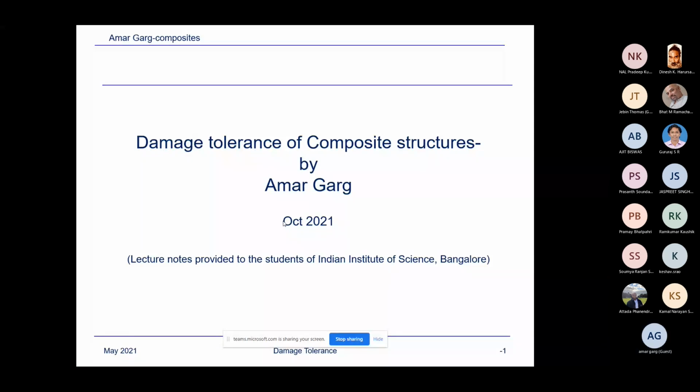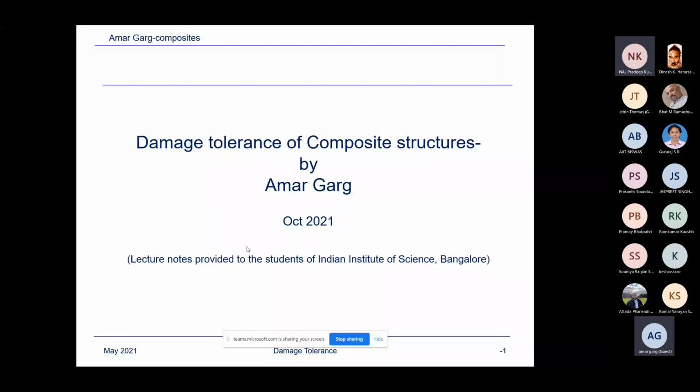But I would still recommend you flip through those references from Boeing. If anybody doesn't have access, I'll send all the references. There are 4 or 5 references which I'll send again if somebody wants. But they are very interesting. They provide a full picture about the Boeing damage tolerance philosophy.